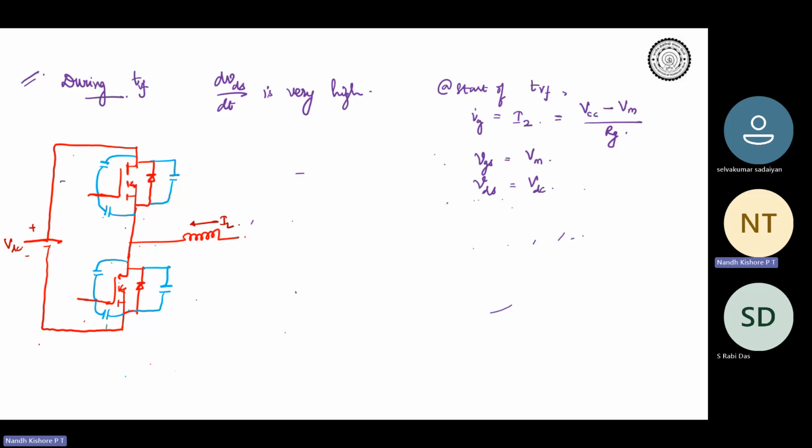So as I was telling, let me draw the gate source in a zoomed in manner.